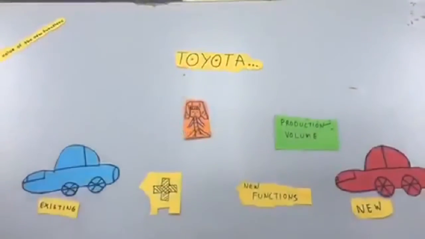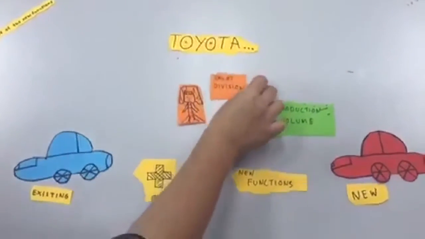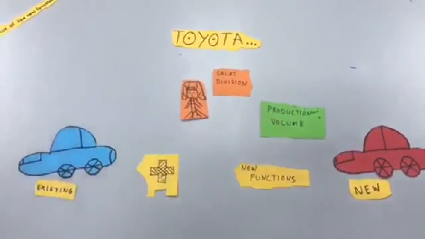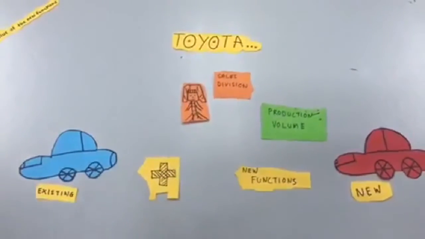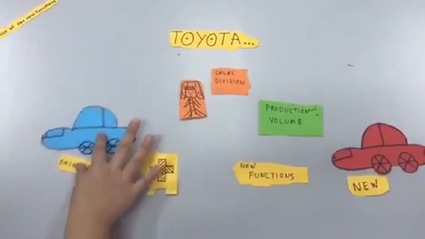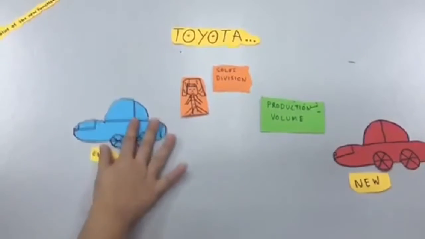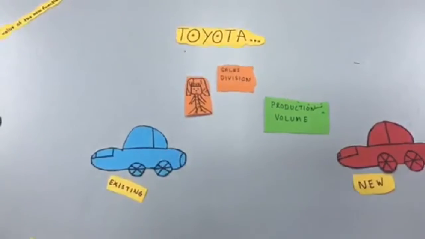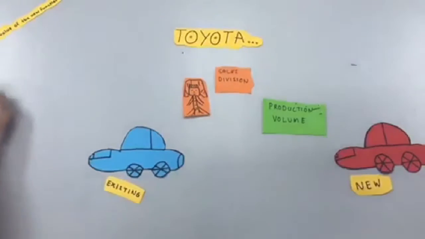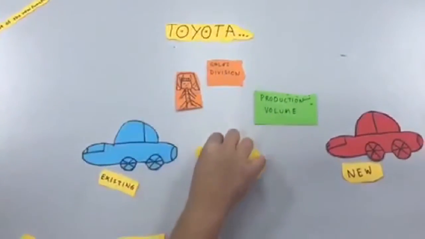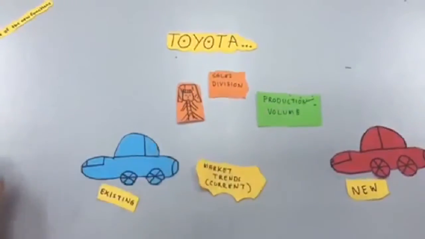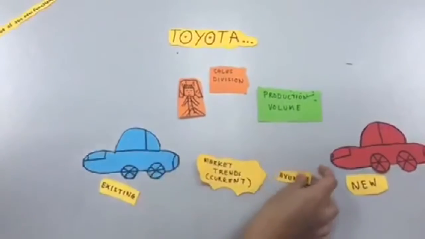And then the sales division comes up with a suggested production volume by taking past numbers and indexing them to the current market trends.